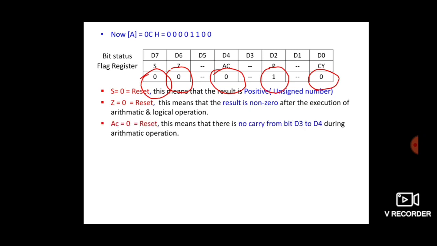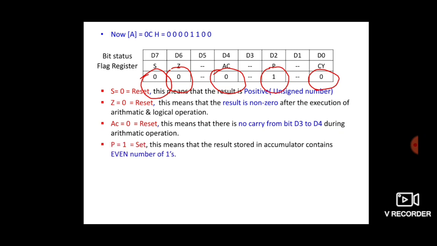Then the auxiliary carry flag is also reset, which means there is no carry from bit D3 to D4 during arithmetic operation. So the auxiliary carry flag is reset.